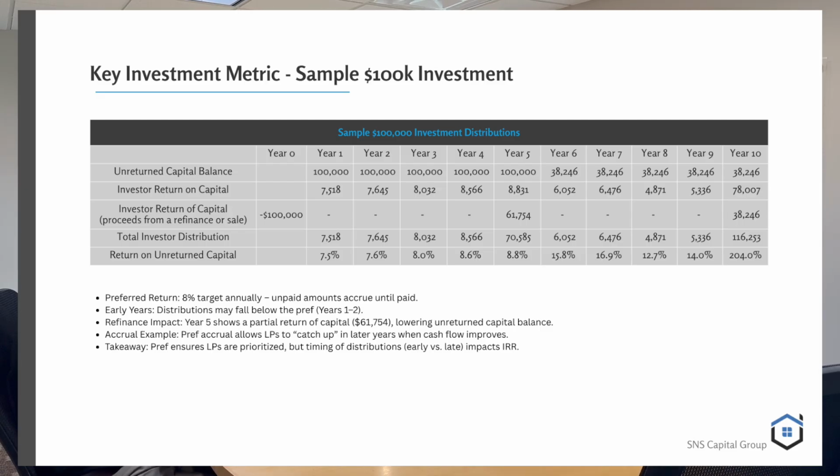But at the end of the day, in year 6 and on, you only have $38,000 in the deal. So when you go back to that cash on cash return metric, you think about how much do you have in the deal and how much distributions is it producing. And I'm realizing that I believe I flipped the fraction incorrectly when I defined cash on cash before. The numerator is your distribution and your denominator is the cash you have in the deal.